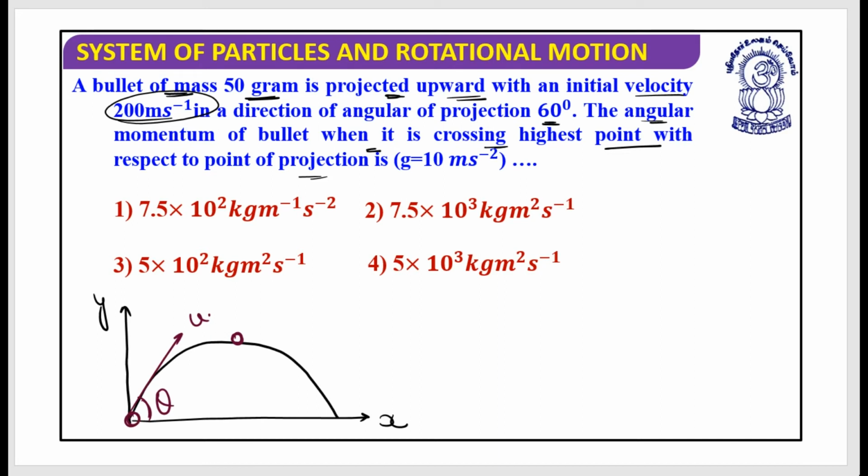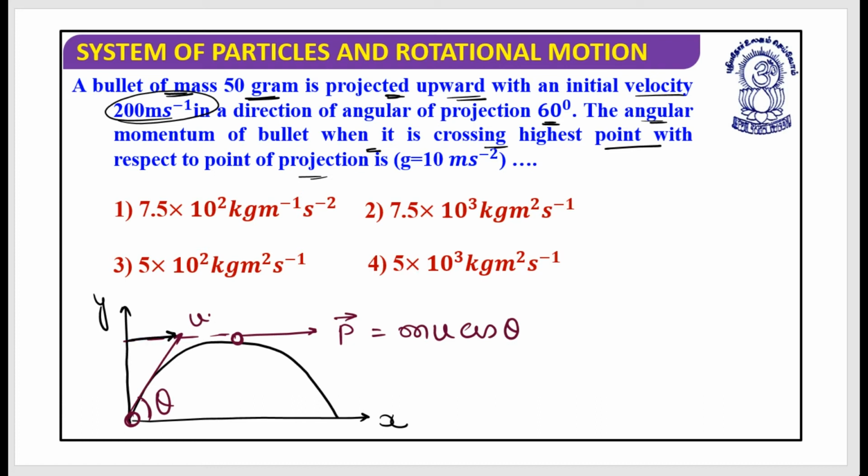At this position, this is the momentum vector, and that momentum vector will be equal to m into u into cos theta. I want the angular momentum, so what I'm supposed to do is shift this vector over here. I hope this is clear.